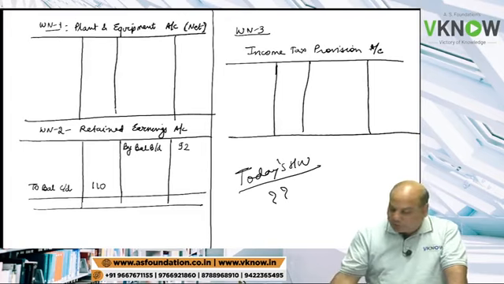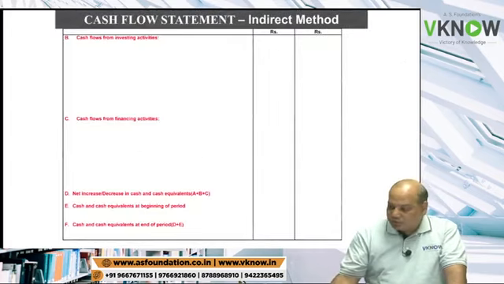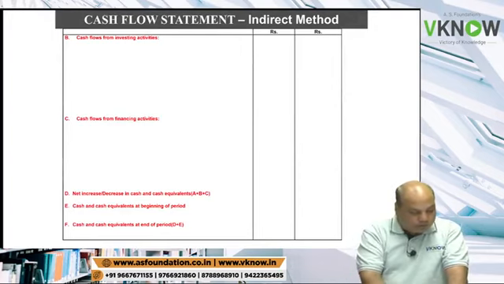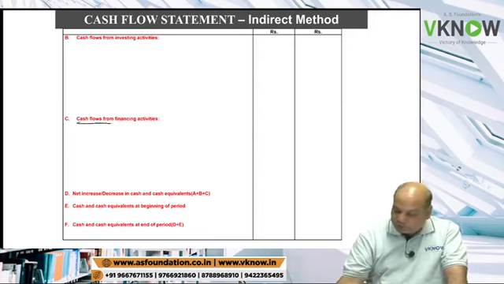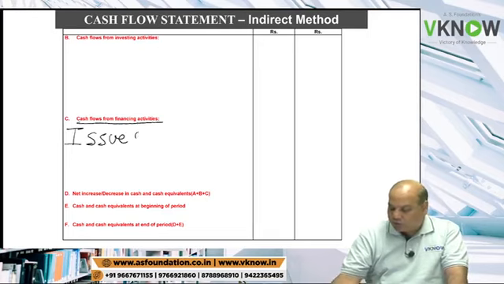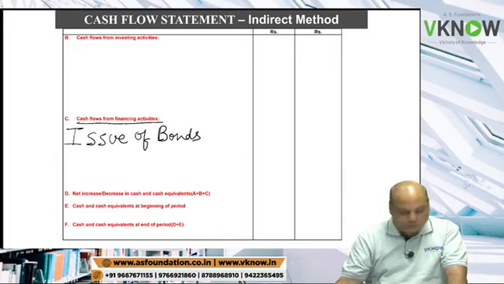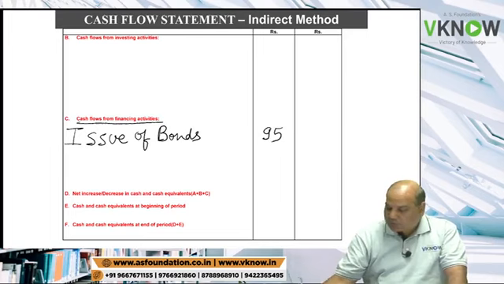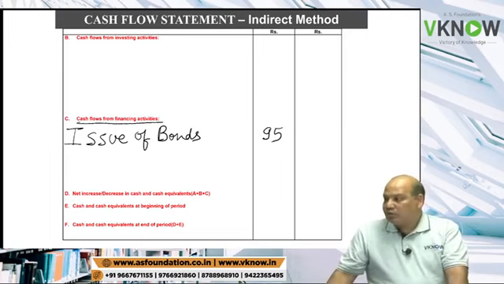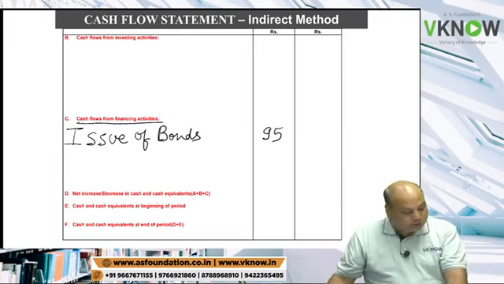Next item is bonds payable. Opening is 40 and closing is 135. So that means we'll go to financing activity and write issue of bonds. 135 minus 40, 95.